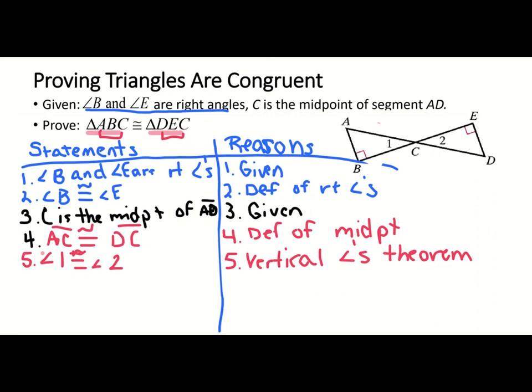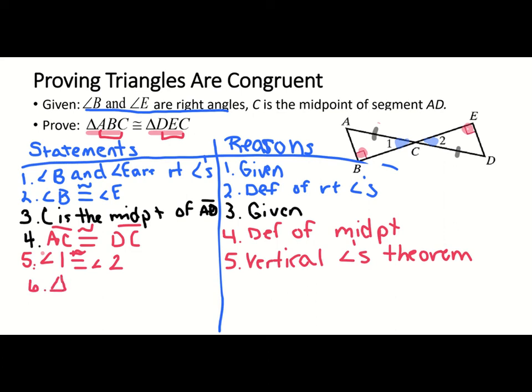But I have this angle, this angle. We also know this angle right here. They are congruent. And we know that this side is congruent to this side. So if you take a look at those pictures, how can we prove that our two triangles are congruent?